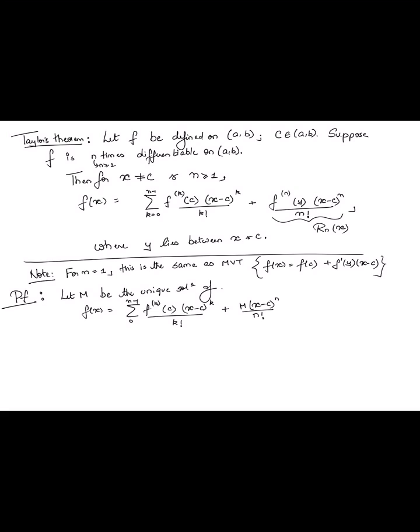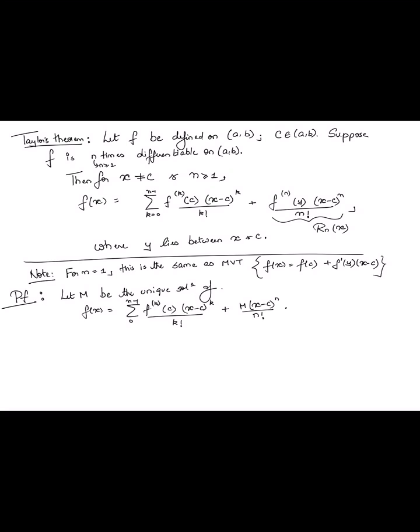Now this is an equation that is linear in M, so it is in fact going to have a uniquely defined solution, right? So let M be defined as the solution to this. What we want to show is that there exists some y between x and c such that M is in fact the nth derivative at y.